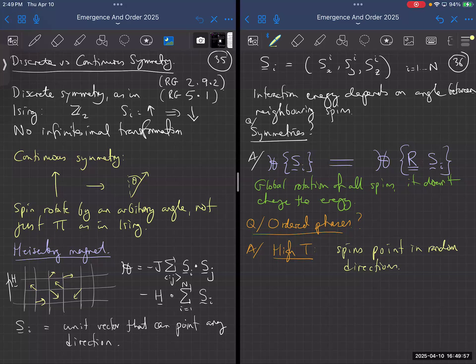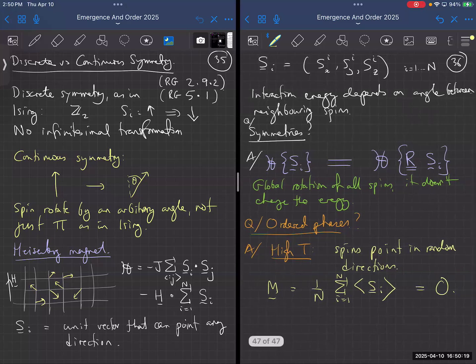If the spins point in random directions, then what that means is when I compute the magnetization, which is 1 over n, the sum from i equals 1 to n, the expectation value of S_i, now it's a vector, then that's going to equal 0. So that's what would happen at high temperatures.